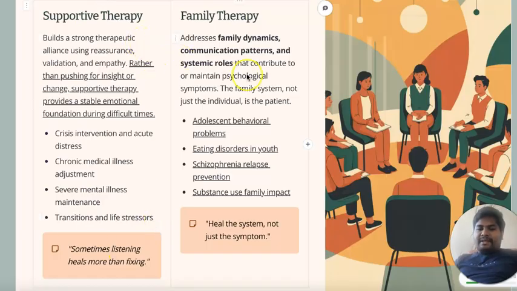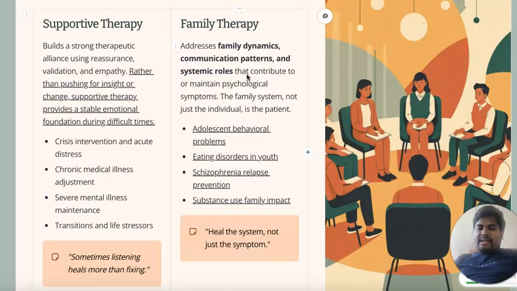And next thing is family therapy. In this concept, what we think is that we heal the system, not just the symptom. That is, let's say a child in the family has adolescent behavioral problems. Now the whole family needs to adapt to that situation, and needs a collective effort in bringing the behavioral change in the child also.